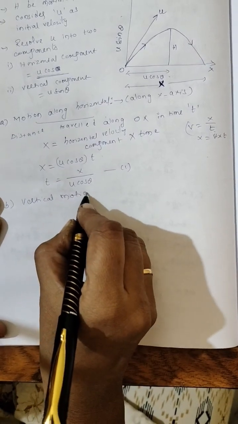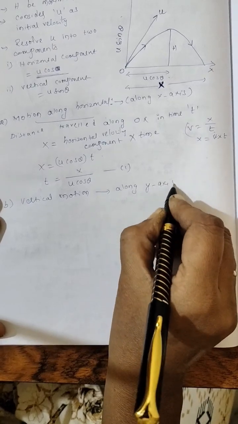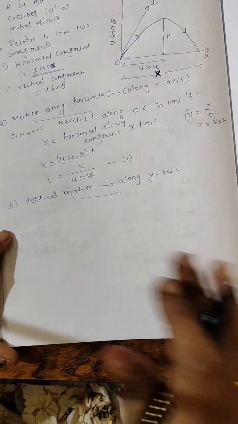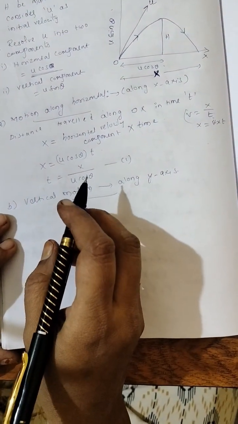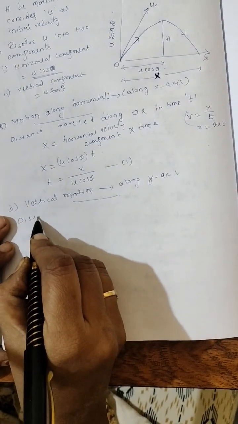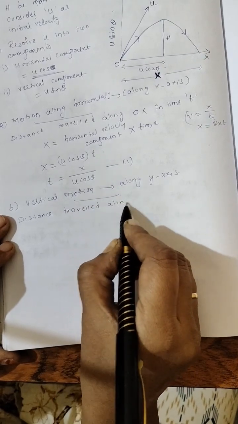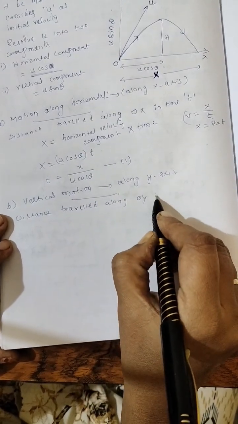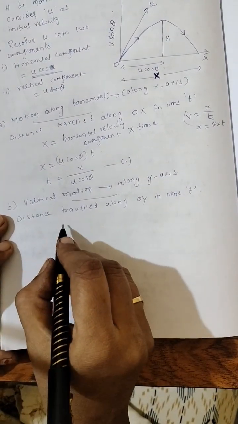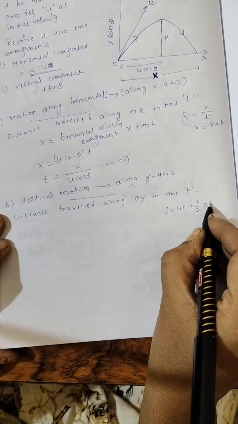Now, vertical motion, or motion along vertical. Vertical motion will be along the y-axis. So now, the distance traveled along OY in time t, what do I have to write? I'm using the formula S is equal to ut plus half at square.